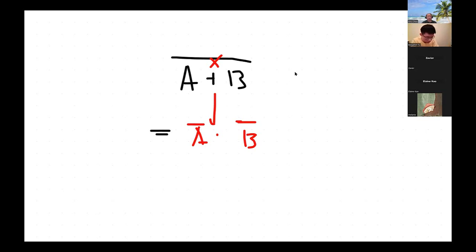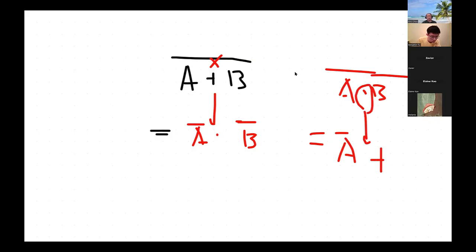So you have not (A and B) is equal to not A, and this one from AND changes to OR. Any question? This is called De Morgan rule, okay?